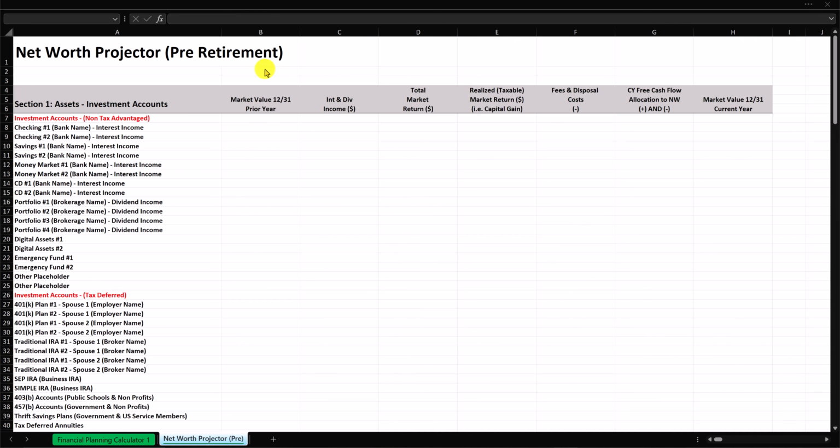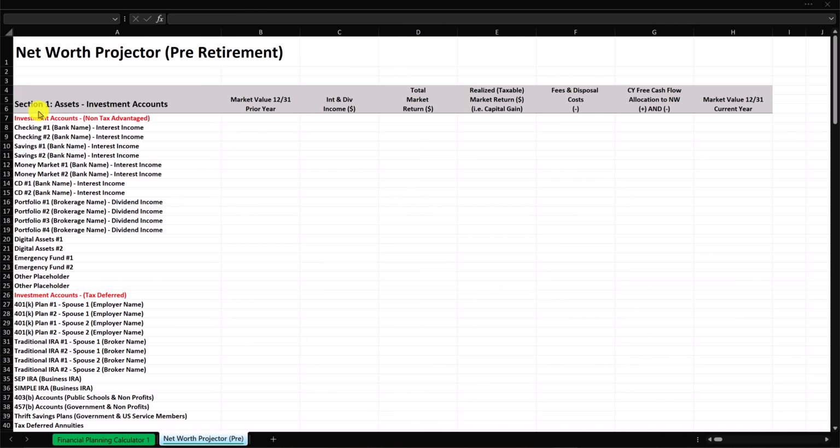If you recall, the general assumption for the pre-retirement net worth calculation is that net worth should generally be increasing over the course of the pre-retirement years, and then we have to build in functionality such that net worth can generally be decreasing over the post-retirement years as accounts are liquidated or otherwise used up for retirement living. So we'll see how that plays out after we build out the first one for pre-retirement.